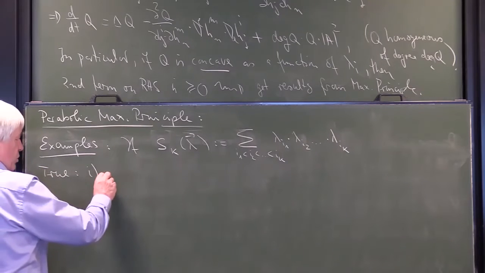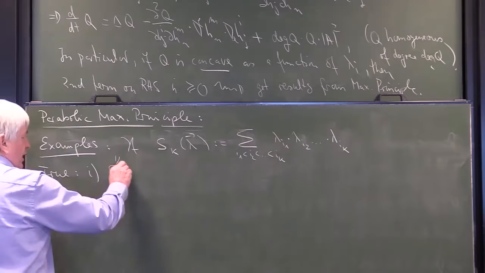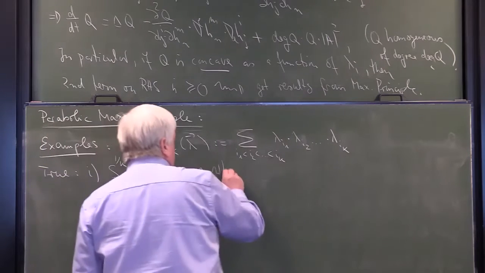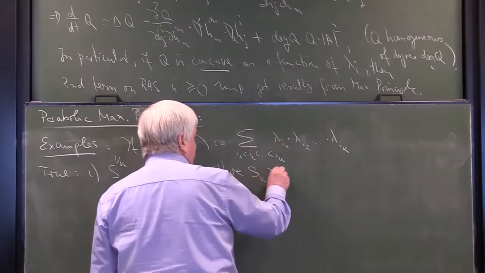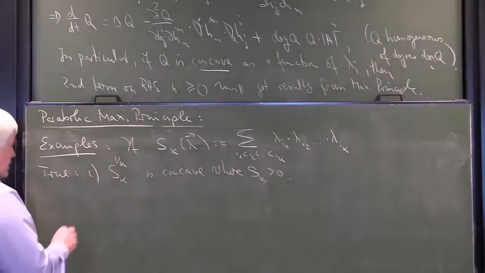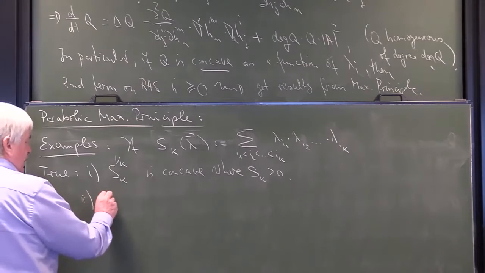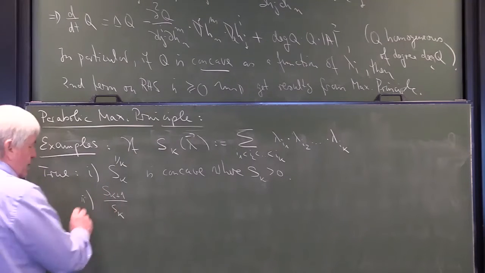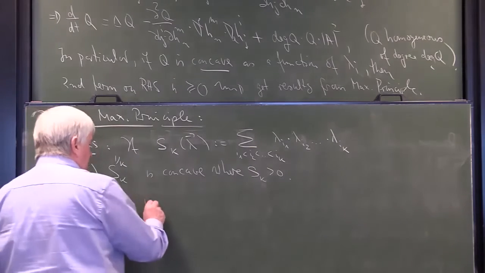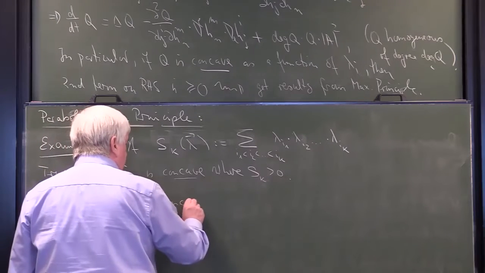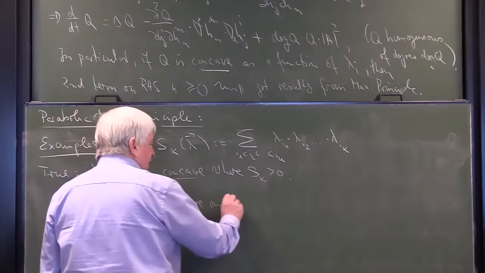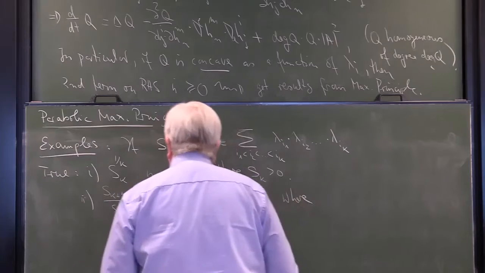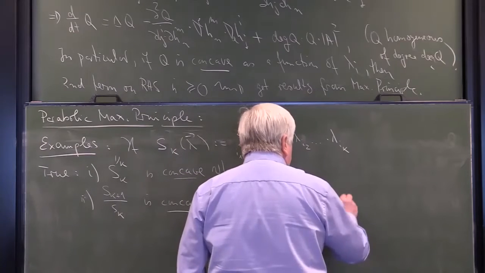First of all, it is true that S_k to the 1 over k is concave, where S_k is positive. And then the second interesting thing is that the quotient S_{k+1} over S_k is concave on the set where S_k is positive.